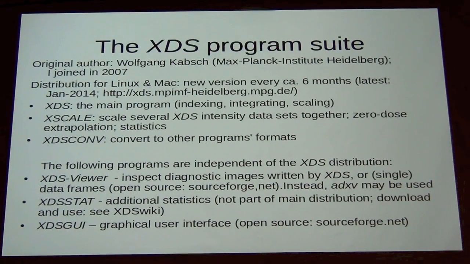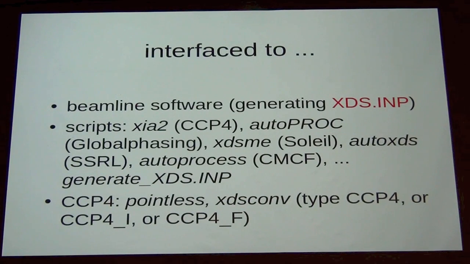The binary can be downloaded. It's in the wiki that I'll be talking about in a second. And finally, there's this new program that I'll show to you in the end, the graphical user interface. It's also open source, by the way. You can download it from SourceForge.net.